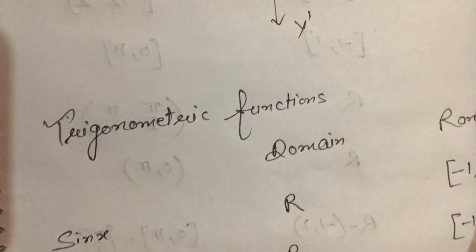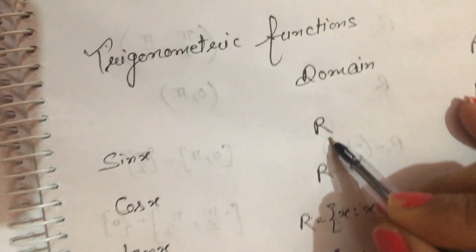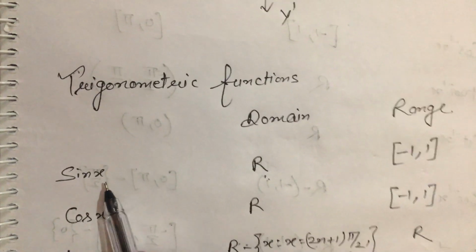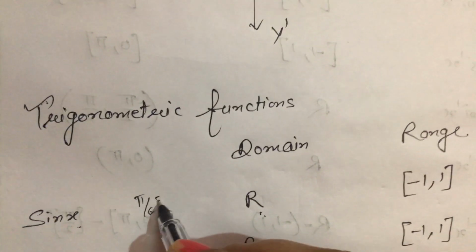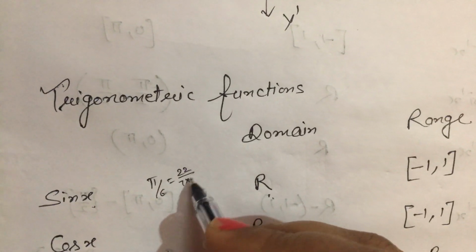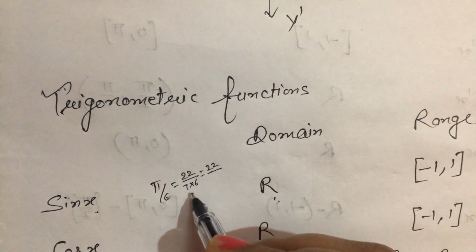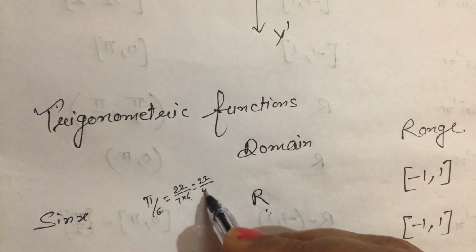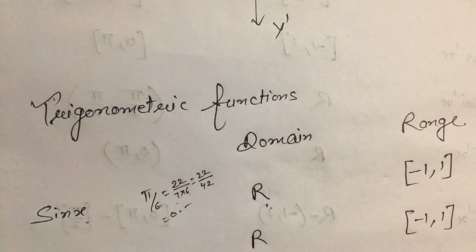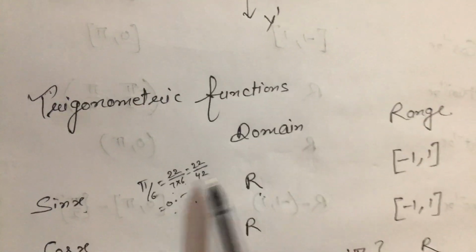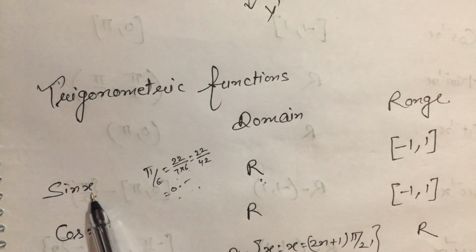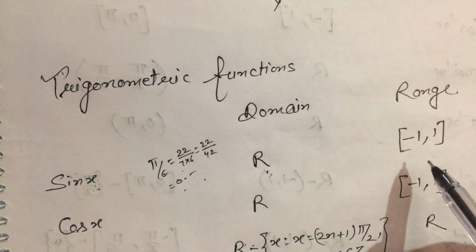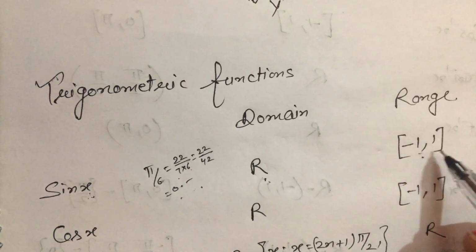What is the meaning of all real numbers? If we take x in radian, suppose pi by 6, its value is approximately 22 by 7 into 6, that means 22 by 42, which is 0 point something. So this is a real number. If you put any real number in place of x, any angle in the form of a real number, then we will find the range is minus 1 to 1.